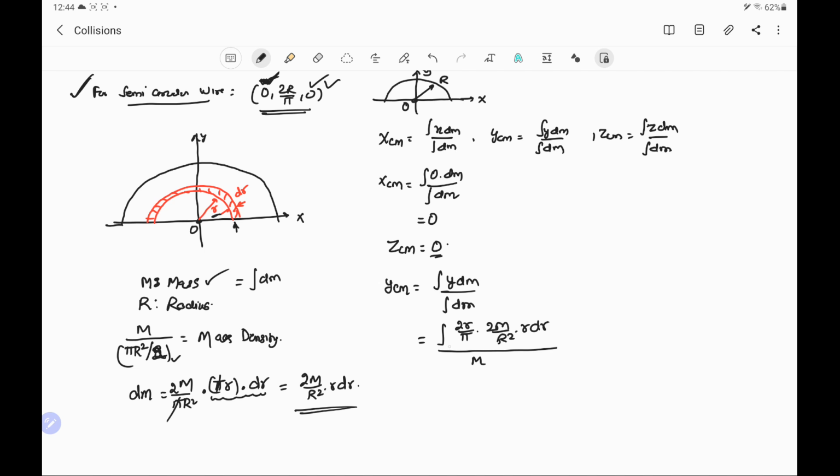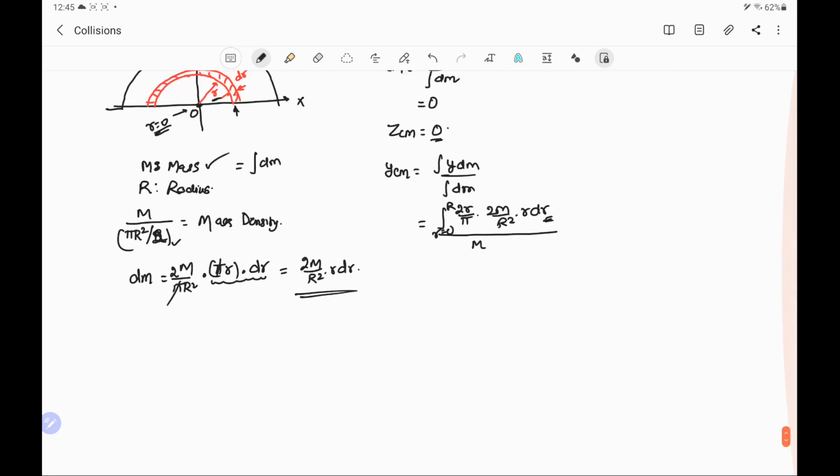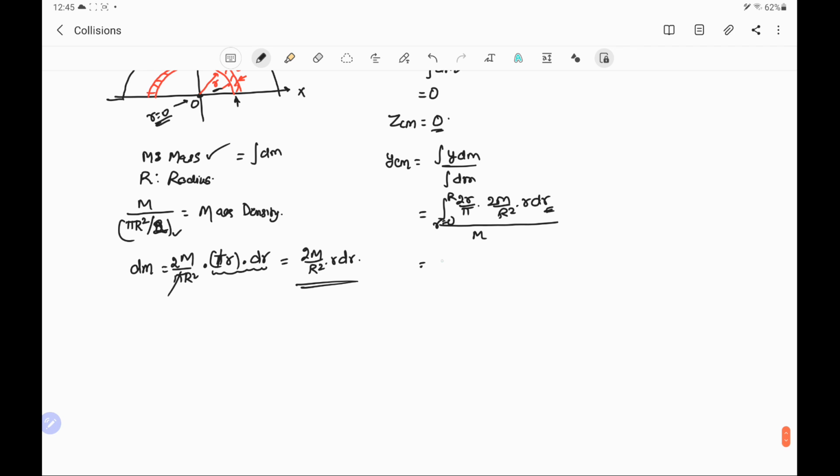Now one thing left is the limit of integration. We have to include the total plate. For that purpose, we take this r along the y-axis, because we are integrating along the y-axis, from r equal to 0, the smallest ring at the center, to the largest ring at the outermost circumference of the disk, that is y equal to R. Therefore, we integrate from small r equal to 0 to capital R. The common terms will be taken out.